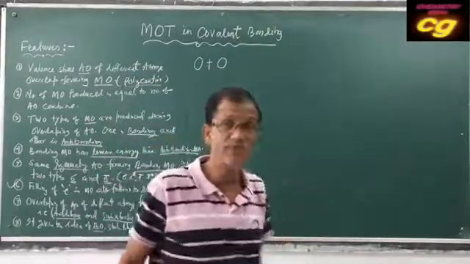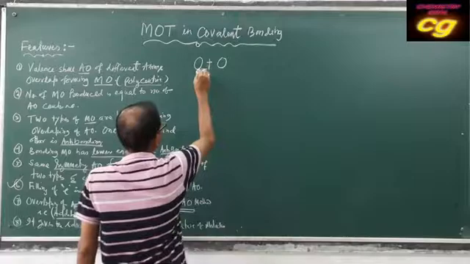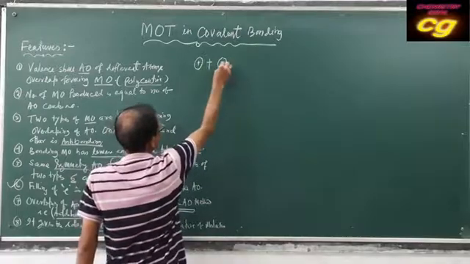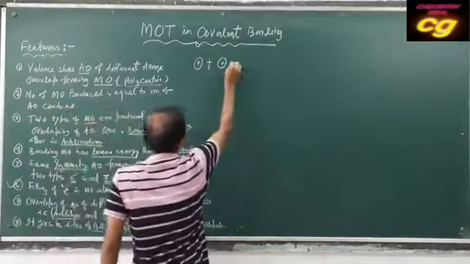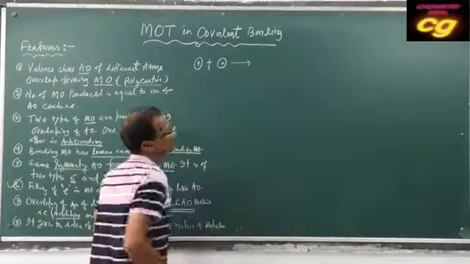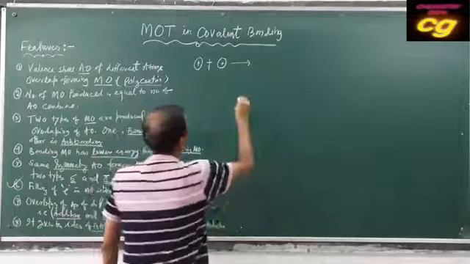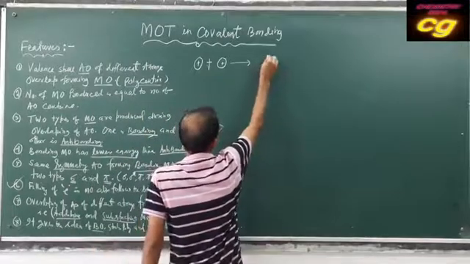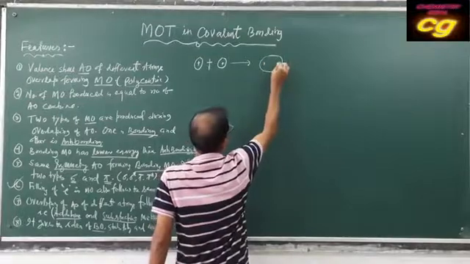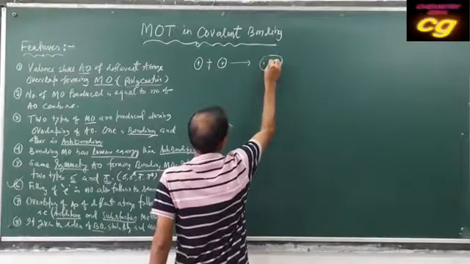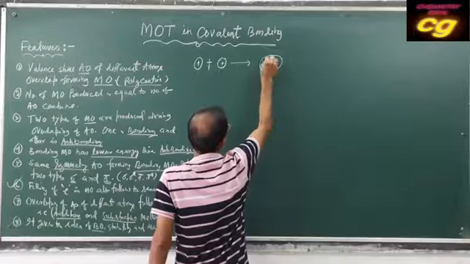But during the formation of the sigma bond, you have to see the symmetry: plus symmetry overlapping with plus symmetry produces molecular orbitals, both carrying plus charge.